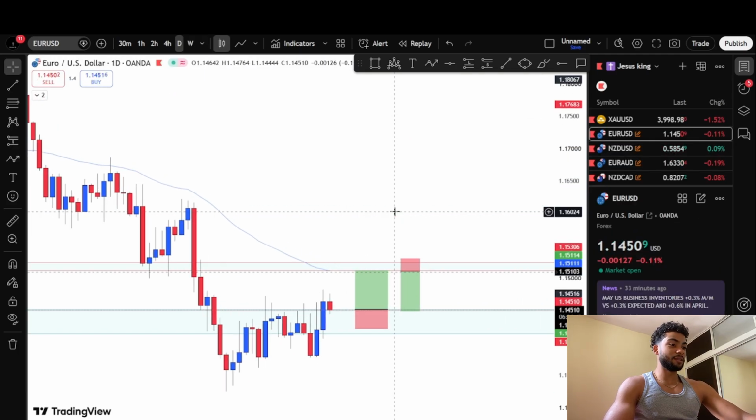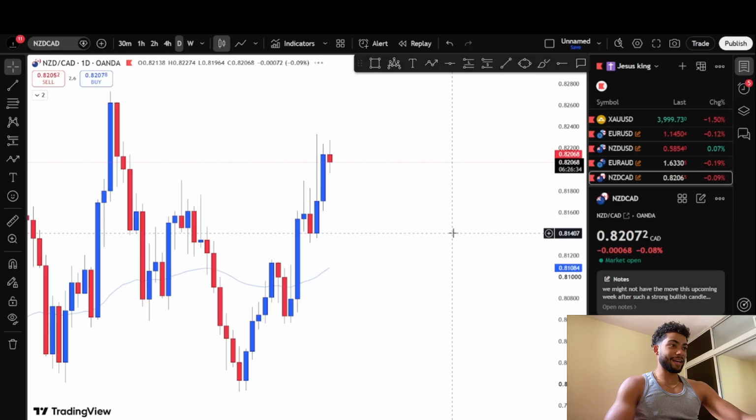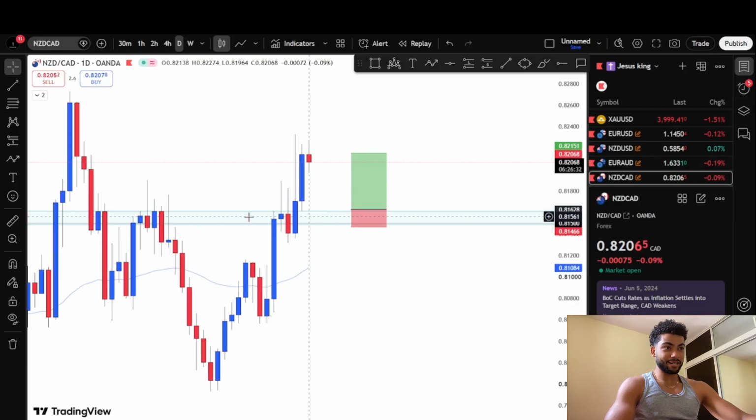Same thing in Euro USD. I was waiting for that confirmation, and I avoided a loss. And on NZD CAD, I was looking to sell right at this resistance level, and by waiting for that confirmation, look what happened.